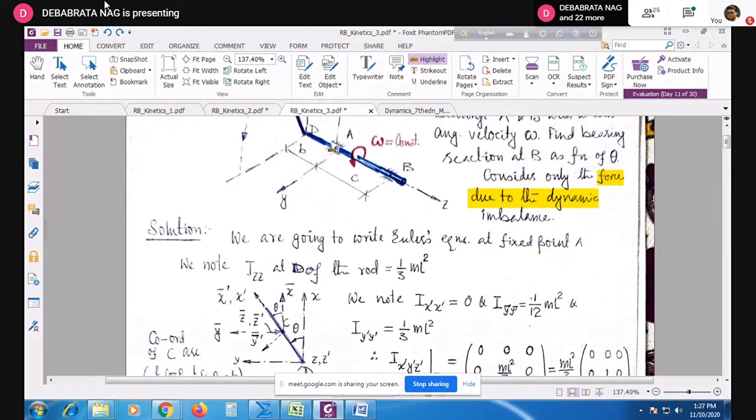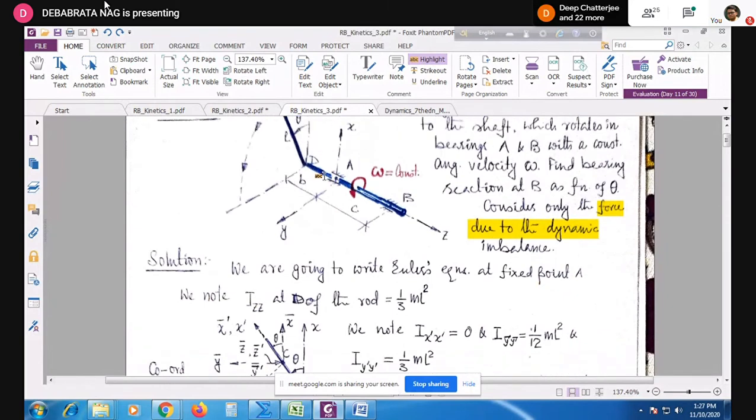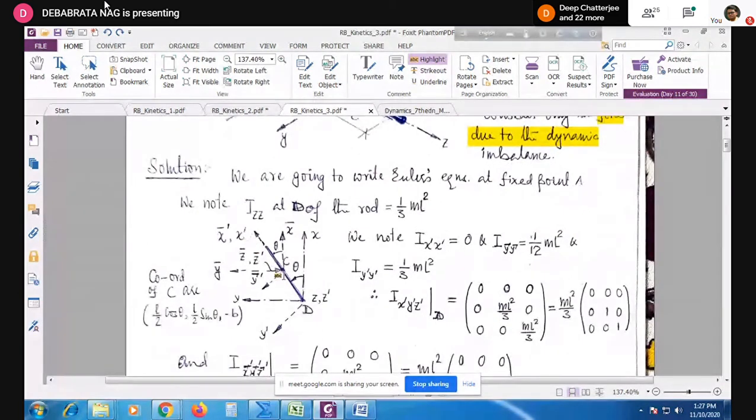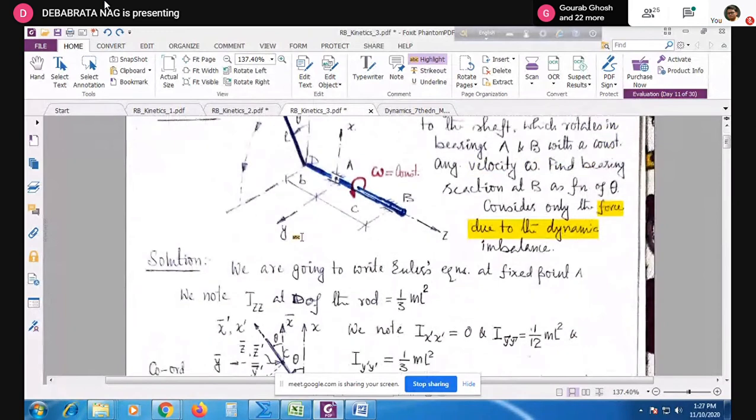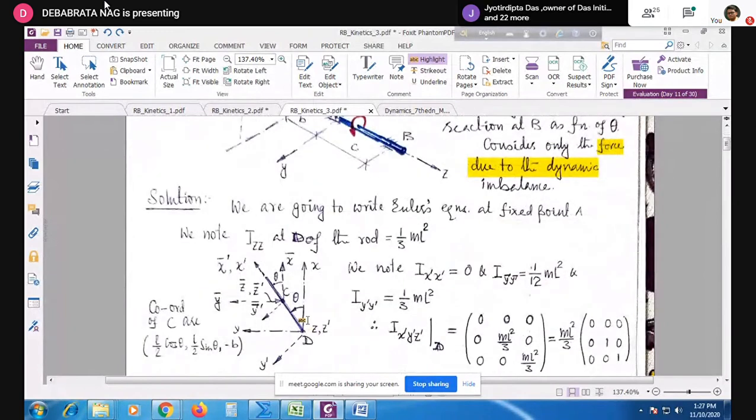When we write it at this fixed point, we consider this is the rod. We come to the center of mass of the rod, this is the C point representing the center of mass.